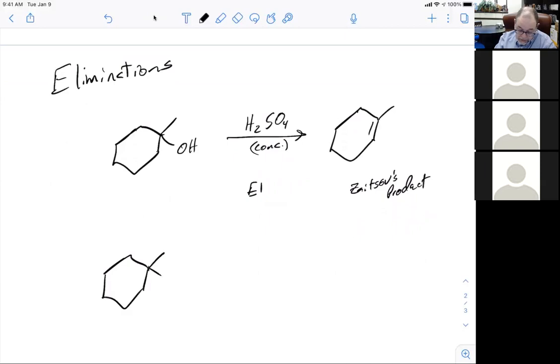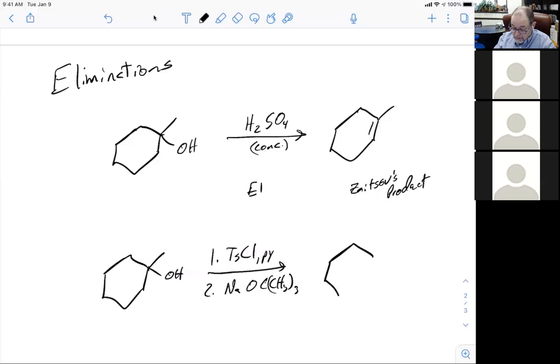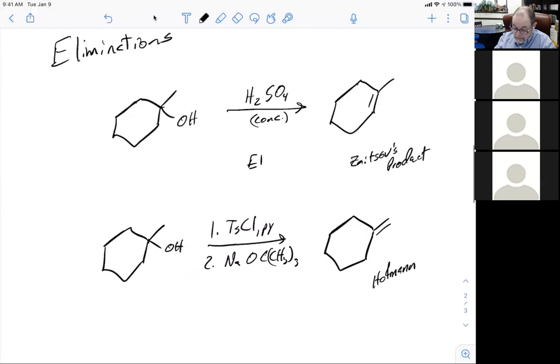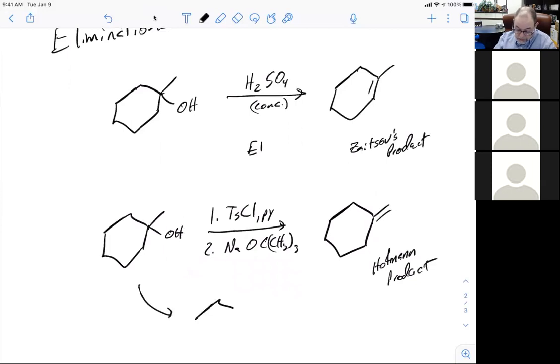We could also take the alcohol, use our tosyl chloride to create a good leaving group, and then use a selective, in this case, I'm going to use a big bulky base, and that big bulky base will give me the Hofmann product. So what happens here, right, is we first create our good leaving group, right, and then we do an elimination.